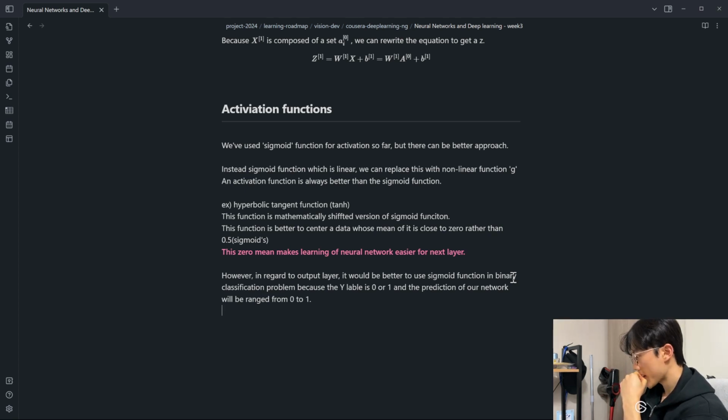Now, one of the downsides of both the sigmoid function and the tanh function is that if z is either very large or very small, then the gradient, the derivative or the slope of this function becomes very small.